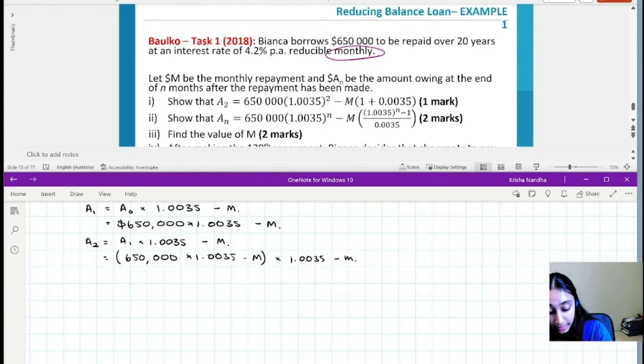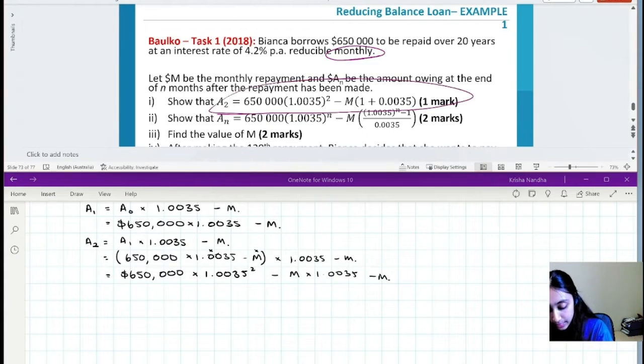Now I'm just going to expand that out. Times the 1.0035 to this and to this. That gets me to 650,000 times 1.0035 squared minus M times 1.0035, and then the minus M over here as well. Now, that isn't the full way that these guys have written it.